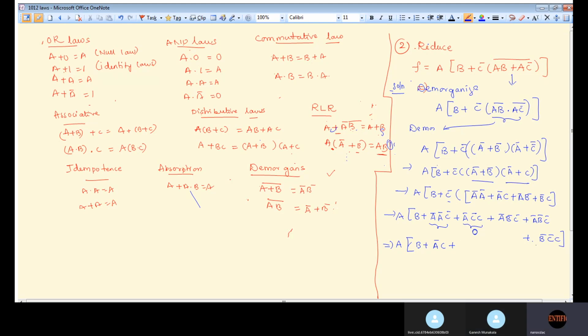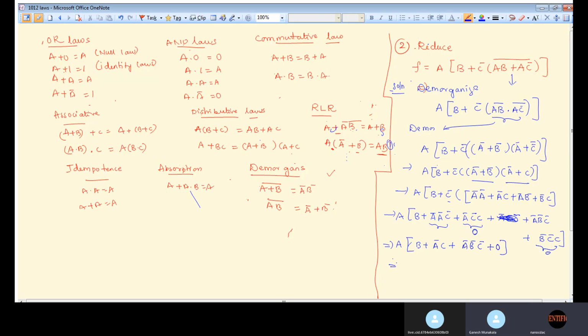So this term will be equal to 0. Okay. So B plus, this extra term has come. So A bar, B bar, C bar plus again 0.